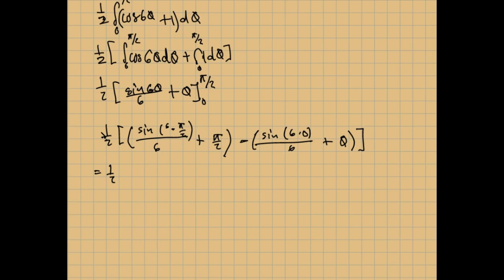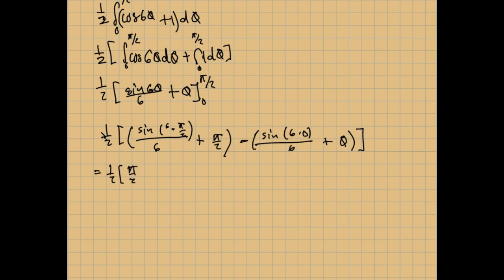Okay, so I could say sine 6 pi, all right, sine 6 pi is 0. So divided by 6, that's 0. So it'll be half of 0 plus pi over 2, that's pi over 2.